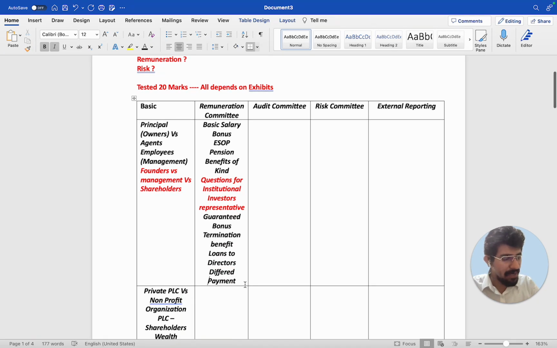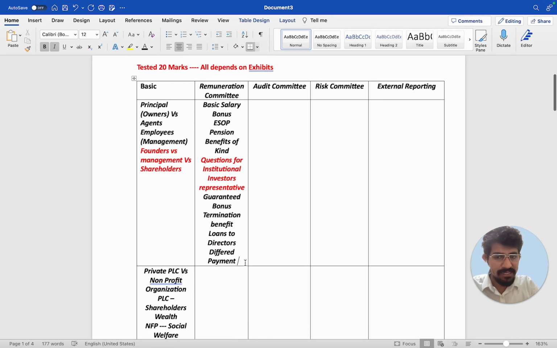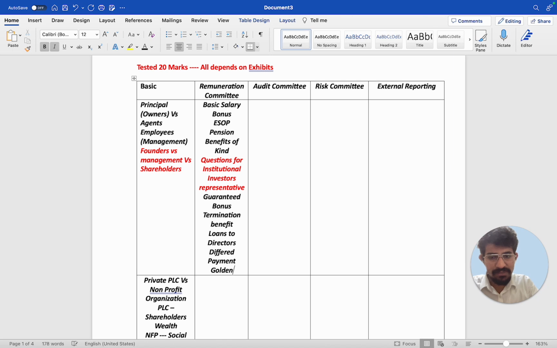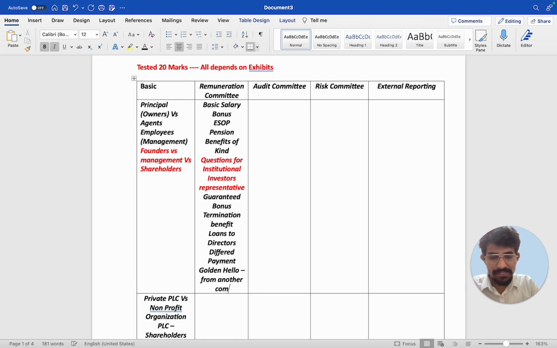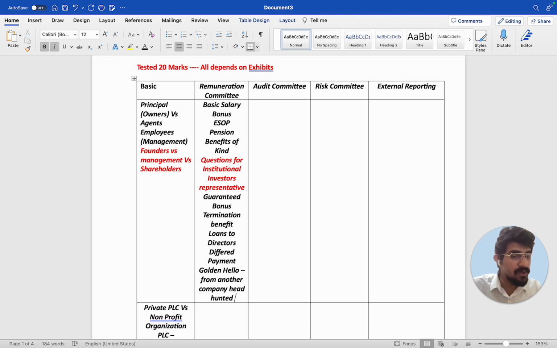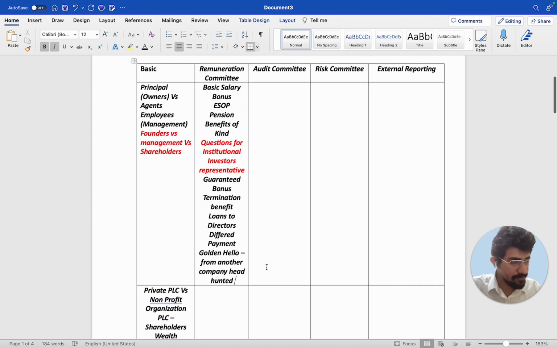Also, one thing is called a golden hello. Keep that in mind, where a director from another company is headhunted. That is known as a golden hello. So that is the pure understanding of the remuneration part, students.